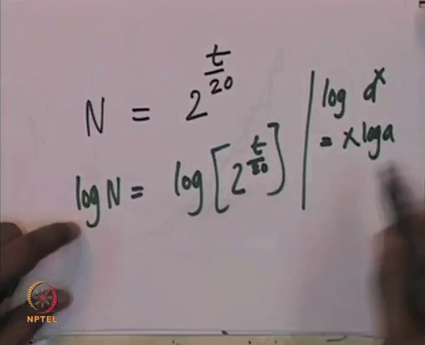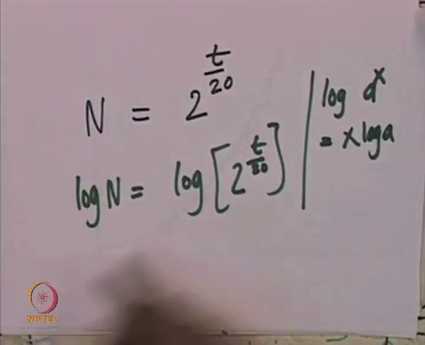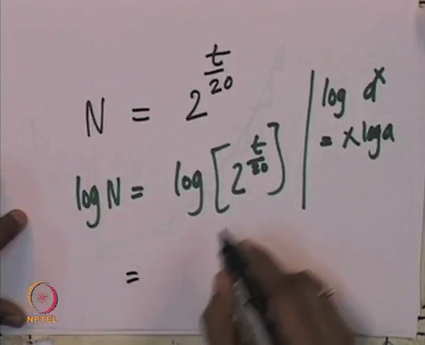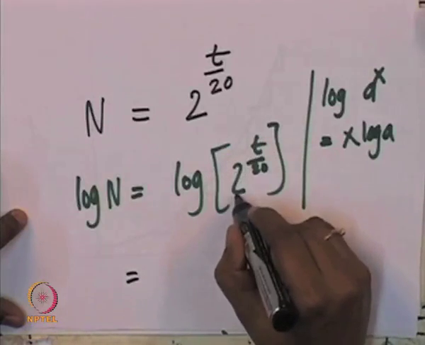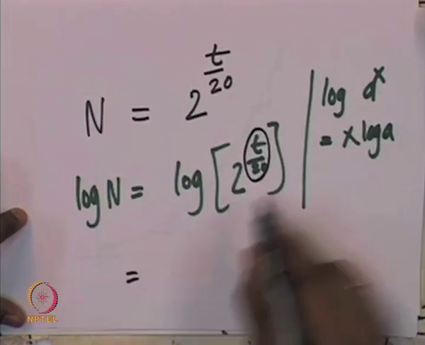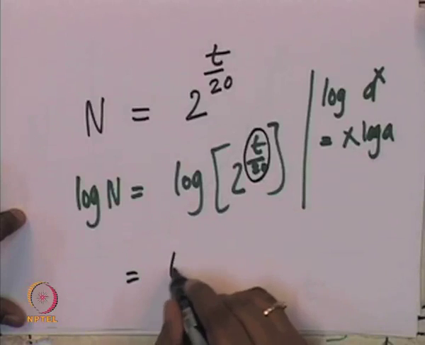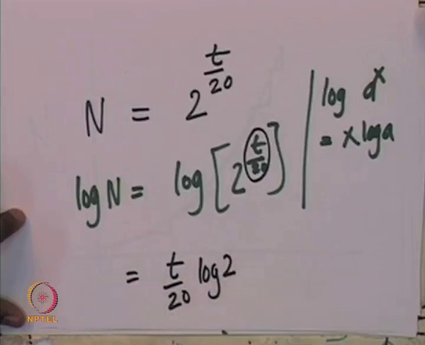So, now using this rule here, a is 2 and x is t by 20. So log of n is x log a, which is t by 20 into log 2.